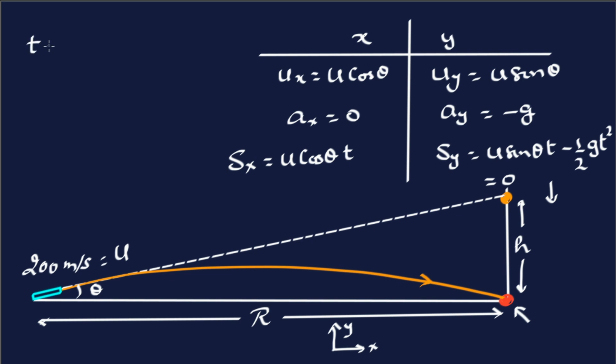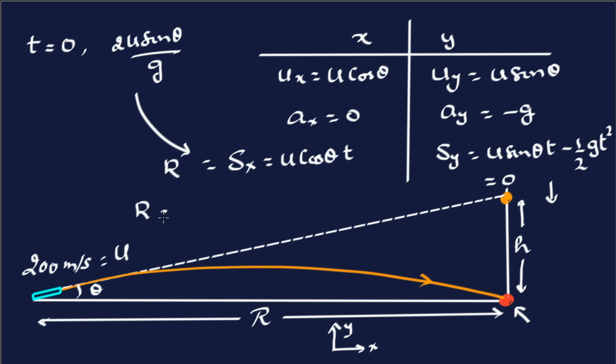That gives us two values of t. t is equal to 0 satisfies the equation, and also 2u sin theta by g. Now obviously at time t equal to 0 also Sy is 0, and it is 0 again at t equal to 2u sin theta by g, and we substitute that into Sx, and that gives us the range.